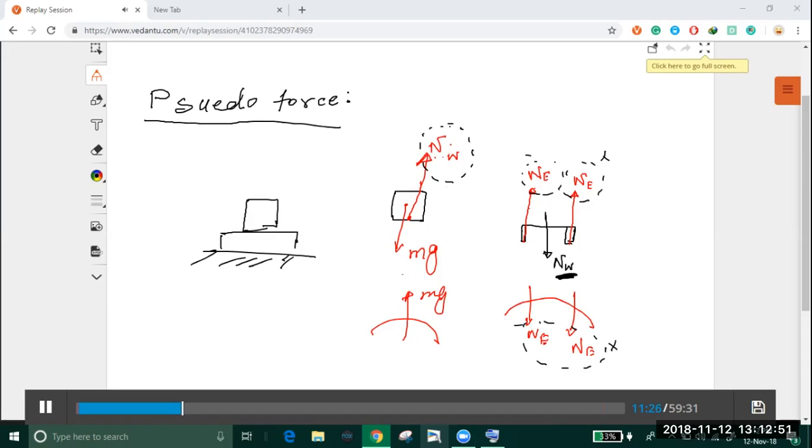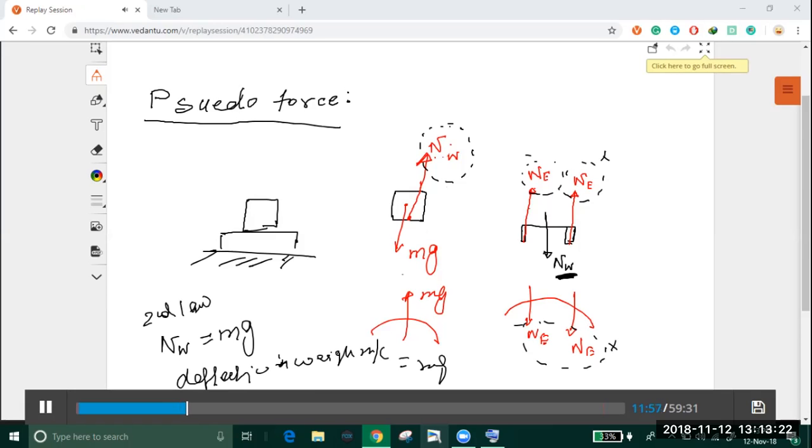So now if you apply the second law, then from here you will get that N is equal to mg, and hence the deflection in the weighing machine is equal to mg. Clear? From the second law, on the block.